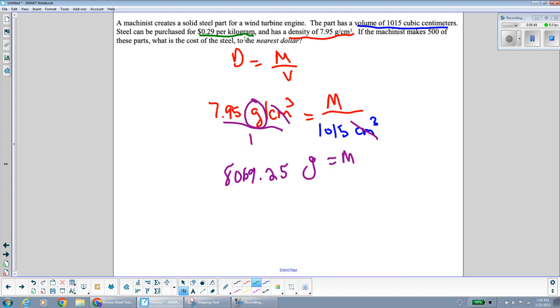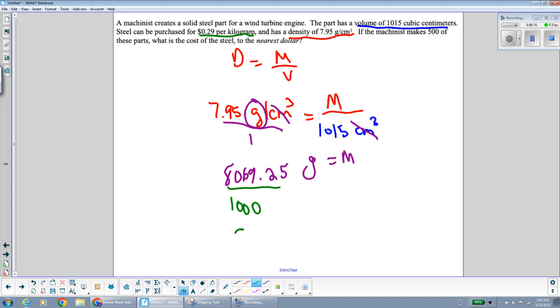It's kind of like when we're converting from inches to feet, a smaller unit to a bigger unit. If we're converting 24 inches to feet, that's going to be 2 feet. We divide by 12. So when we're going from smaller unit to a bigger unit, we are going to be dividing. So let's divide by 1,000, and let's see what that is.